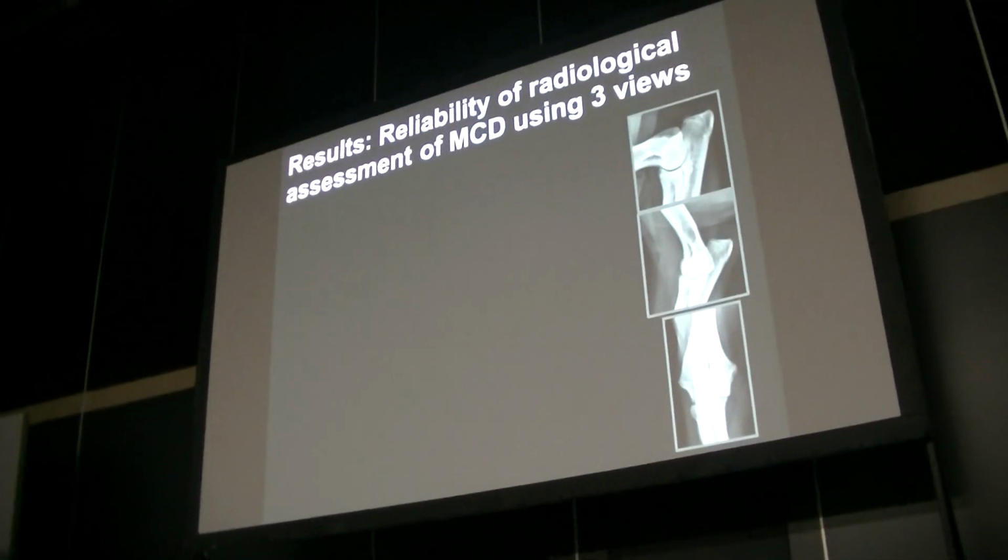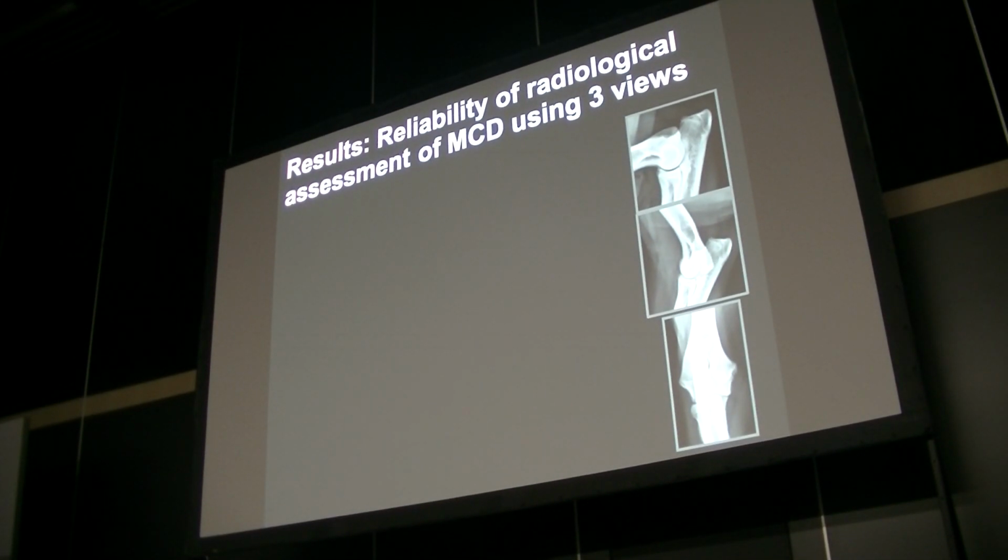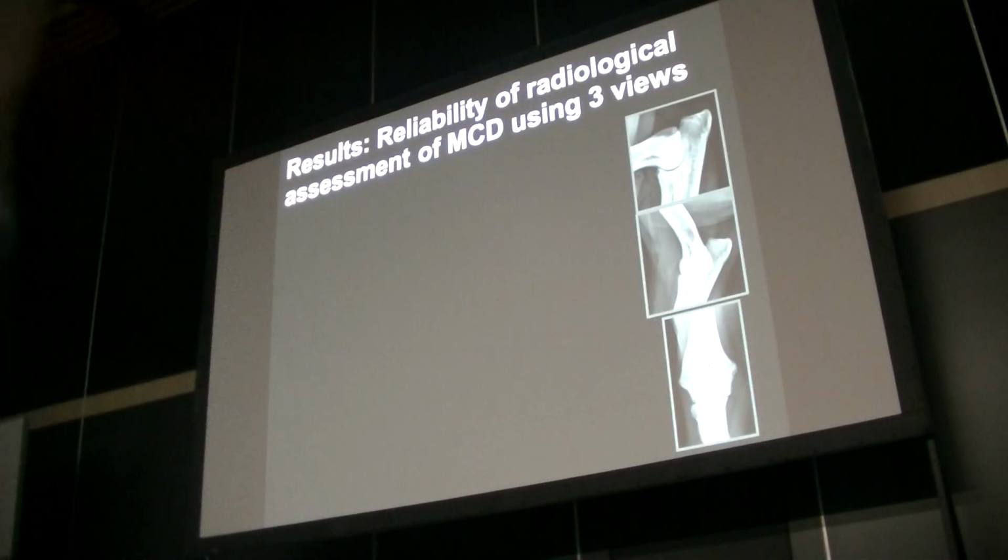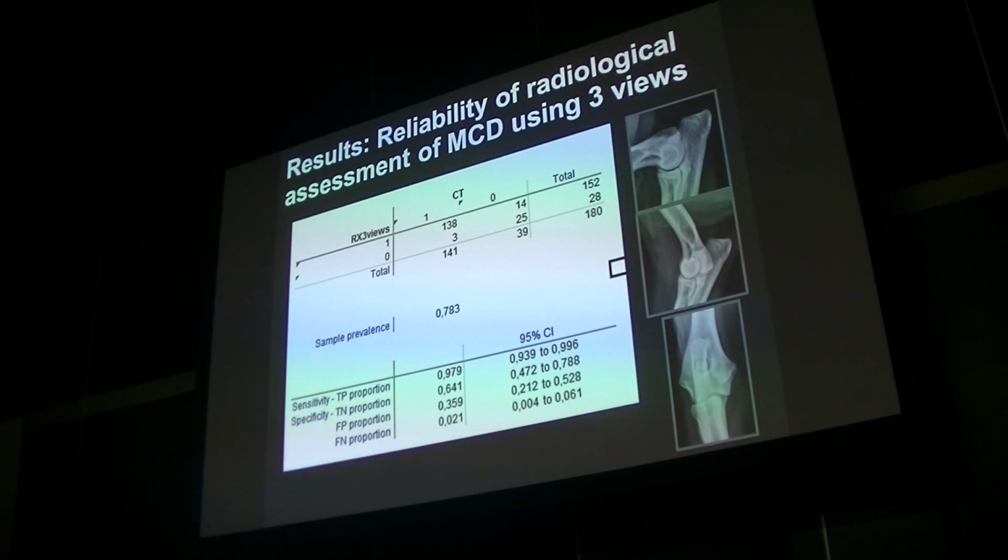Then the second part of the study was checking the reliability of the radiographic findings with CT. And this was done in all 180 elbows. If we look at the ones that were scored negative on the CT, there were 39 of them, and in 14 of them they were scored as having X-ray findings for coronoid pathology.